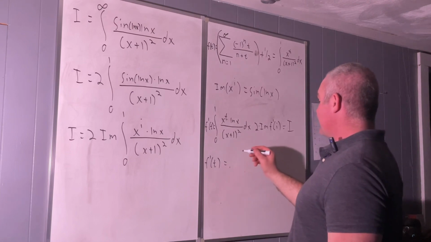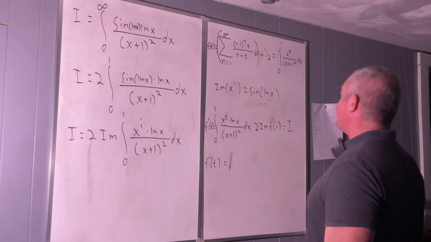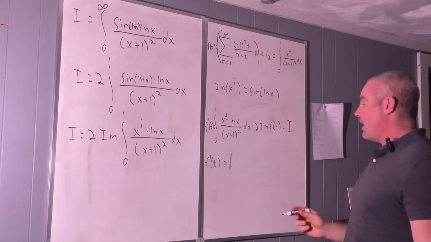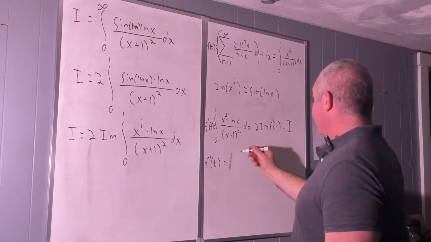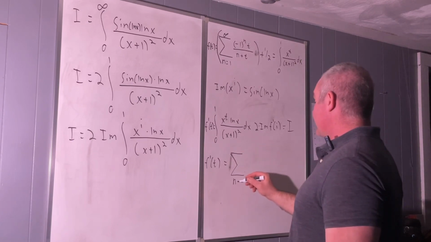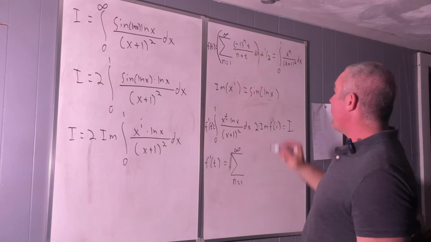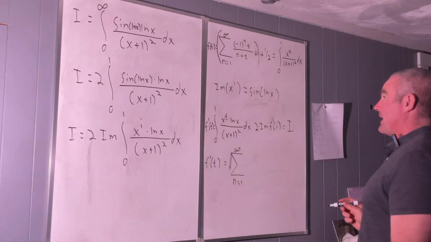So that's going to be equal to, well, actually, we aren't going to need the parentheses anymore because this 1/2 will drop out when taking the derivative. So that's going to be the sum from n equals 1 to infinity of the derivative of t over n plus t with respect to t.